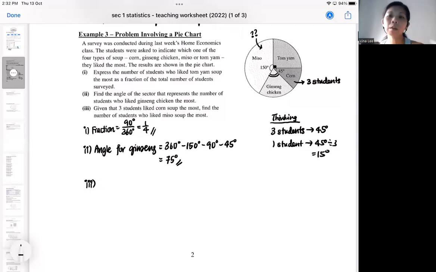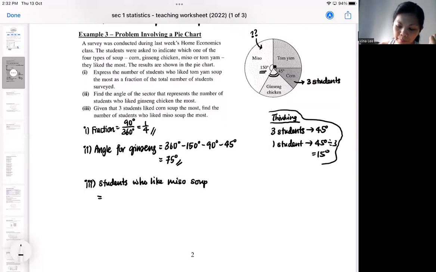Then from here, we are going to discover how many students are represented by the 150 degrees, the students who like miso soup. This is called labeling. If you look, I'm doing the labeling. This is the thinking process.